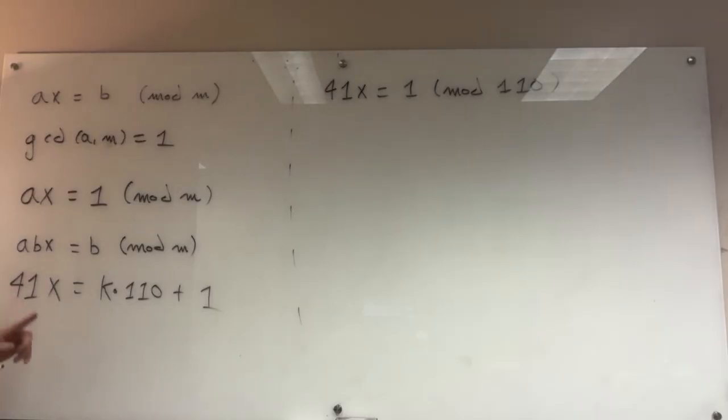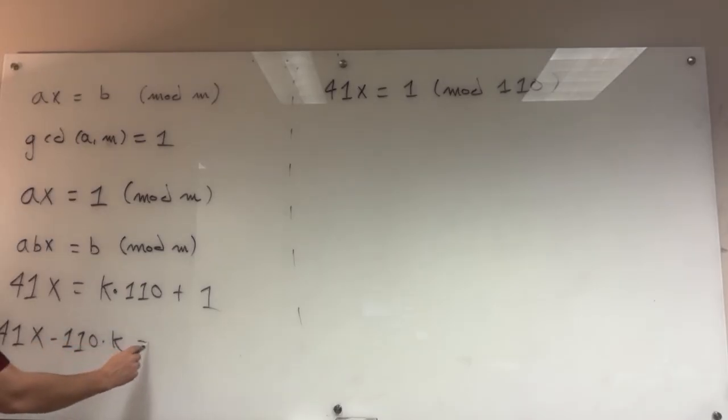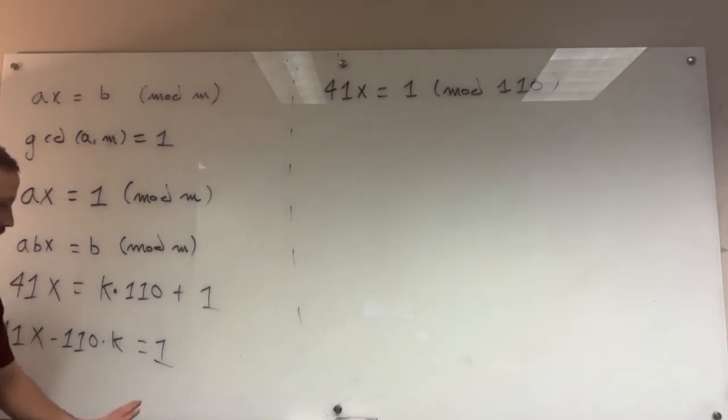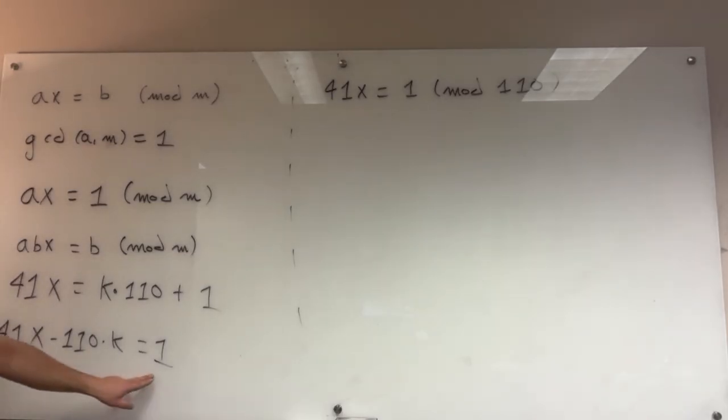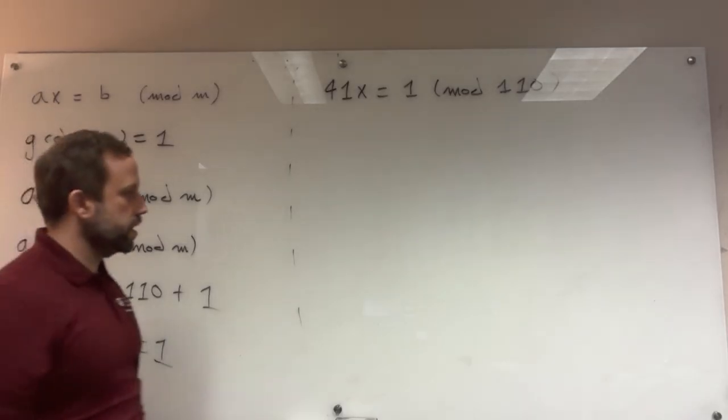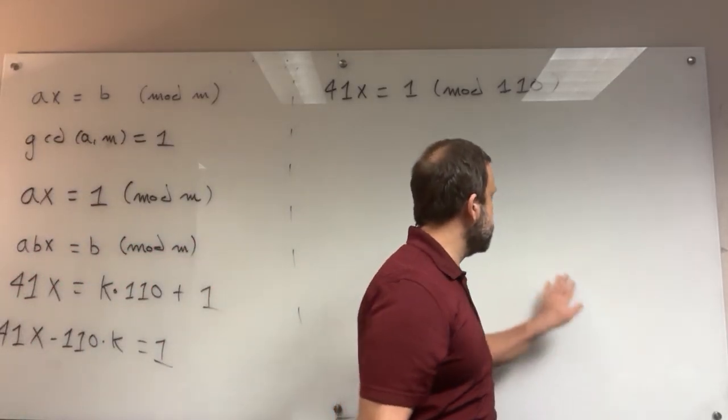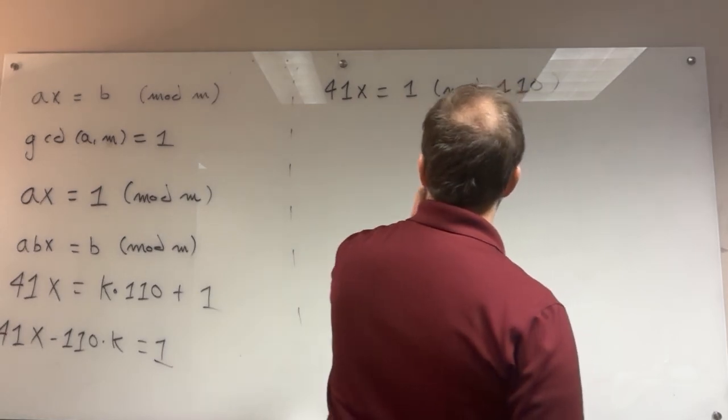Okay, but notice that I can rearrange this and write it as 41x minus 110k is equal to 1. And as we will see, the fact that 1 is the GCD is going to be important here. Okay, so let's use the Euclidean algorithm to compute the GCD of 41 and 110.